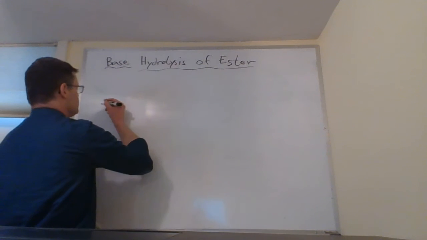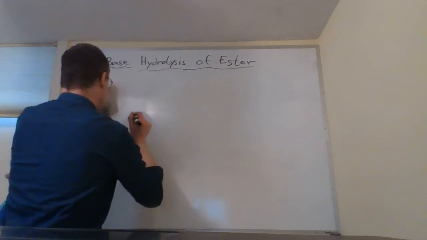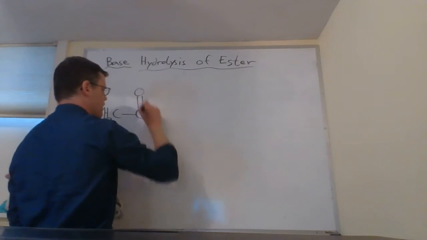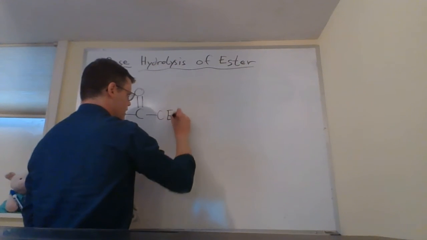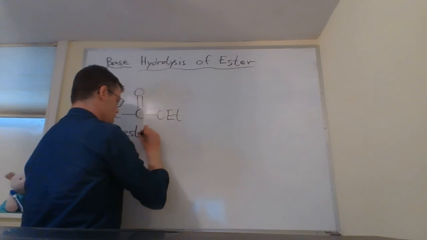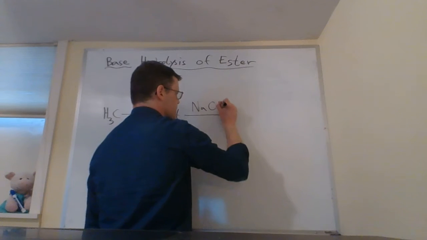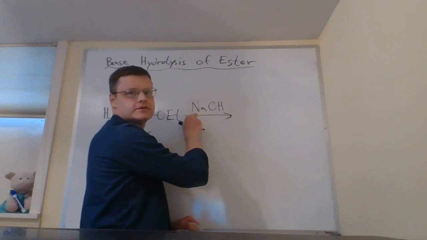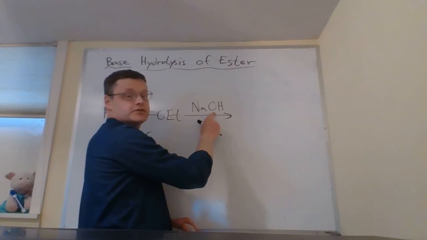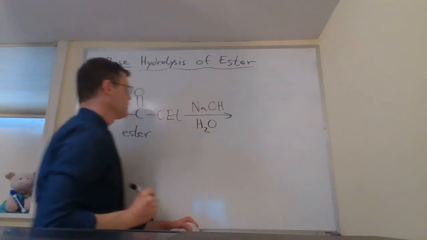So in this example, I'll try to keep this a simple ester. Ethyl acetate, an ester. And basic conditions, NaOH. Remember, the sodium is the spectator, and OH minus is going to act as a base. And then we usually use this with water.